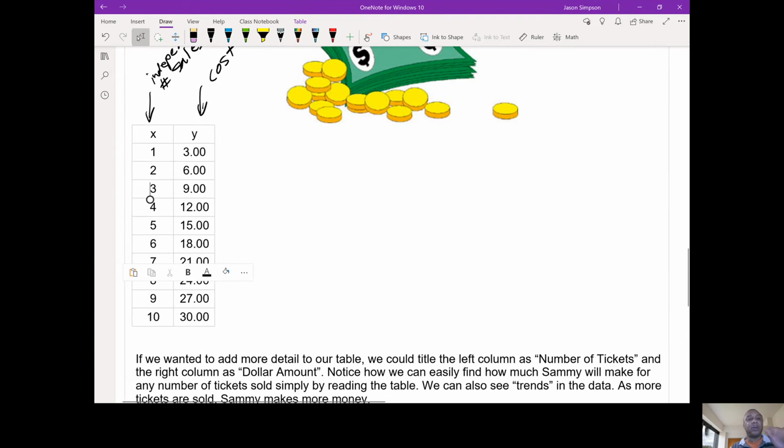All we need to know is how many we sold and how much money we make each time. If they buy one ticket, it costs $3. Then we add $3, then to go to the next one we add another $3, and so on. And that helps us construct this table.